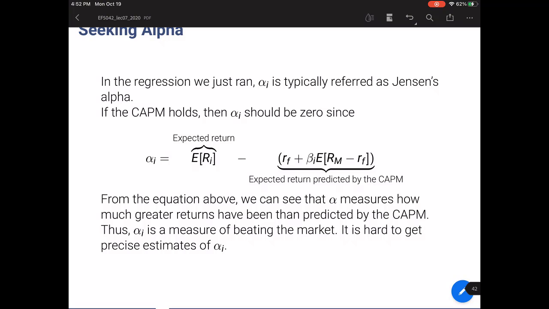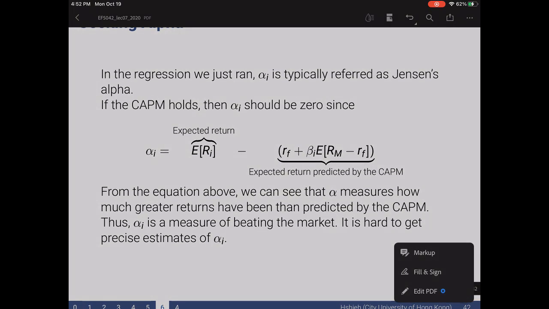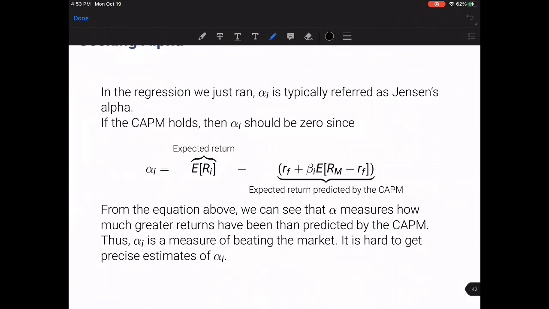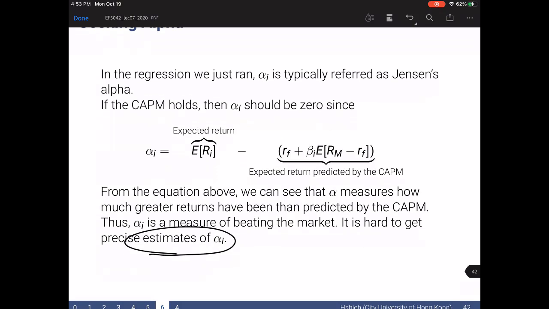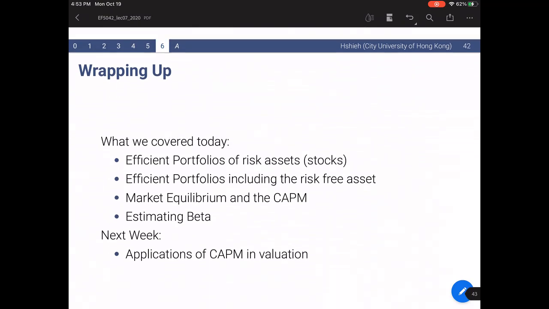And if your benchmark model is wrong, then it's hard to gauge if your trading strategy is good overall. It's hard to get a precise estimated alpha because we don't know if the model is wrong or if the stock is actually outperforming the benchmark. But in any case, that's all I want to talk about in this lecture, and we will discuss more next week. So let me summarize what we covered.